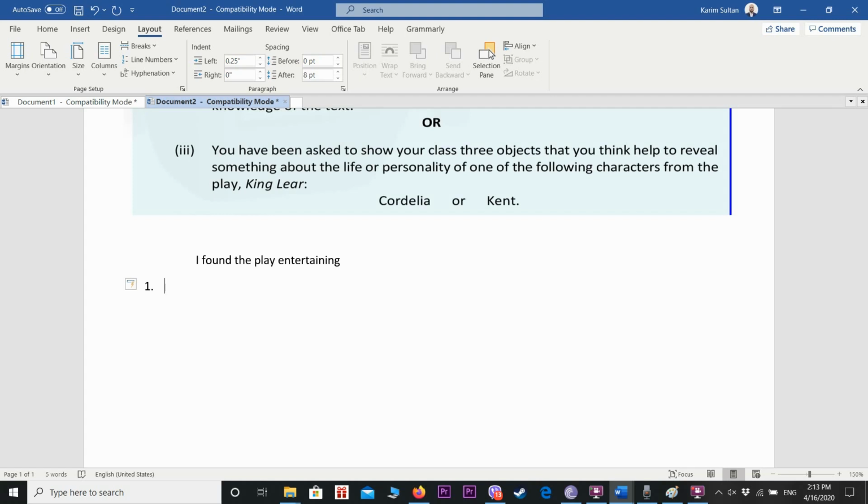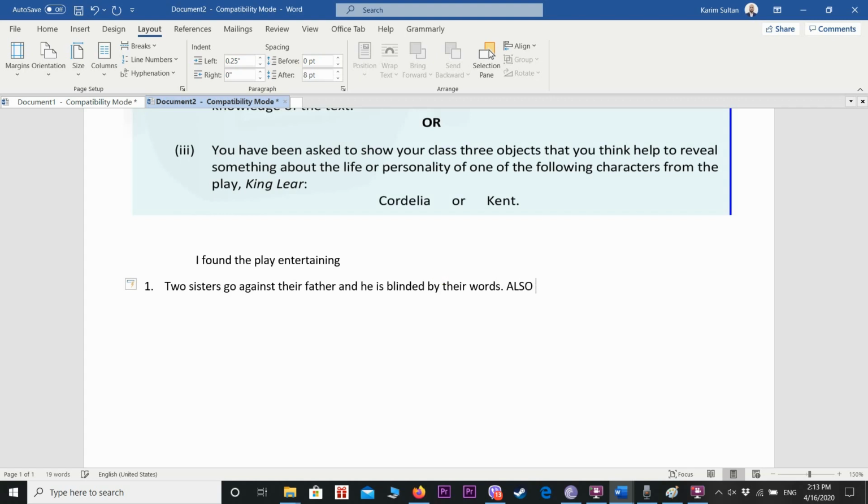So why did I really find the play entertaining? Reason number 1 is because 2 sisters go against their father, and he is blinded by their words.